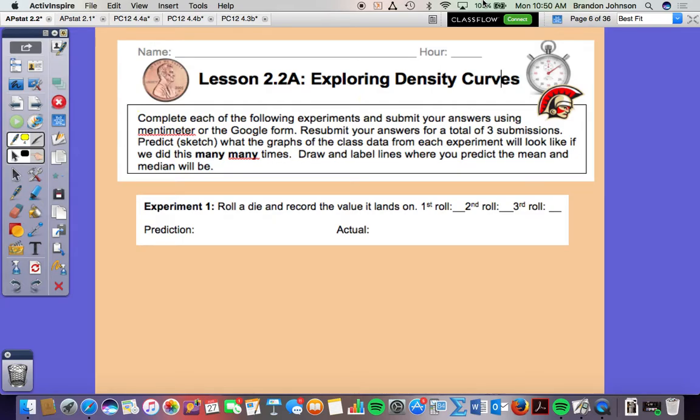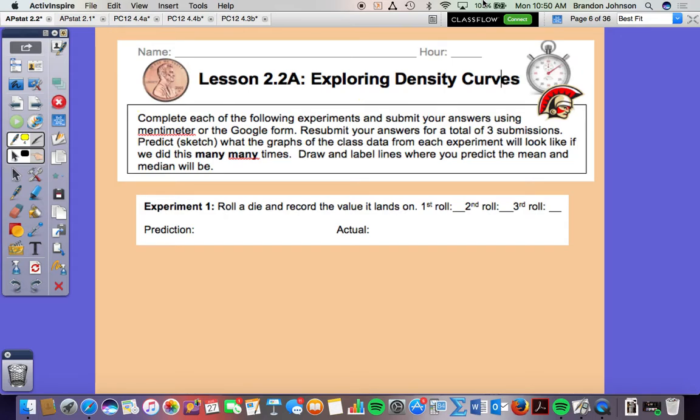Hey, if you're done, here's what I want you to do. Everyone look up here real fast. We've got like 5 minutes. If you are done, I want you to go through each of these three activities we did and predict, based upon what we have, what the graph would look like. There's no right or wrong.